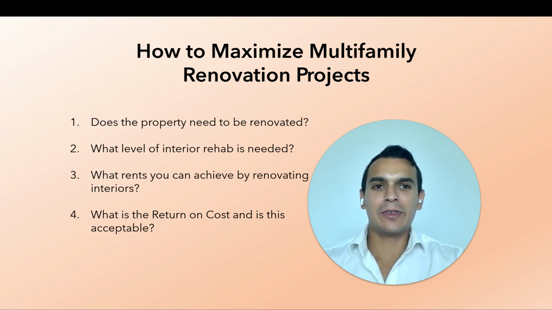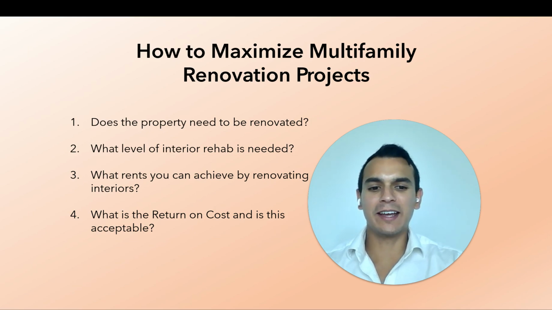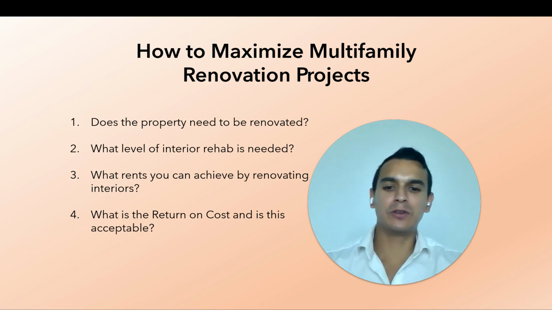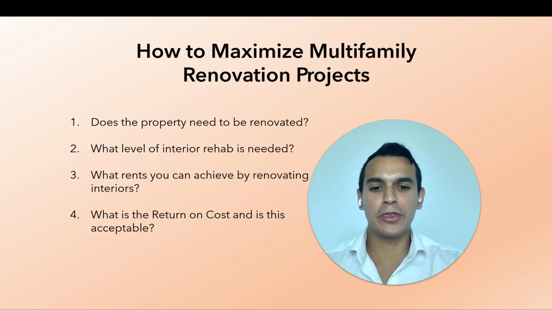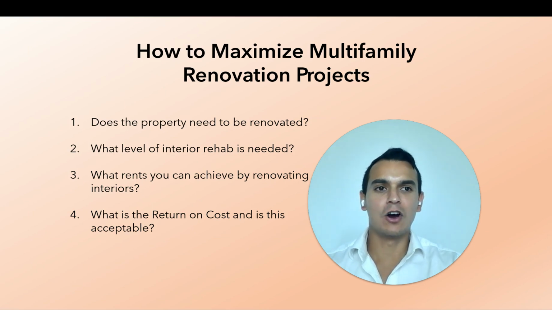So what I mean by that is, let's think of a simple example. Let's say that you have a 10-unit building, unrehabbed, you're getting $1,000 per month. Rehabbed, you calculate, hey, the comps are showing about $1,300 a month. So you're getting a $300 delta on a rehab unit versus a non-rehabbed unit.